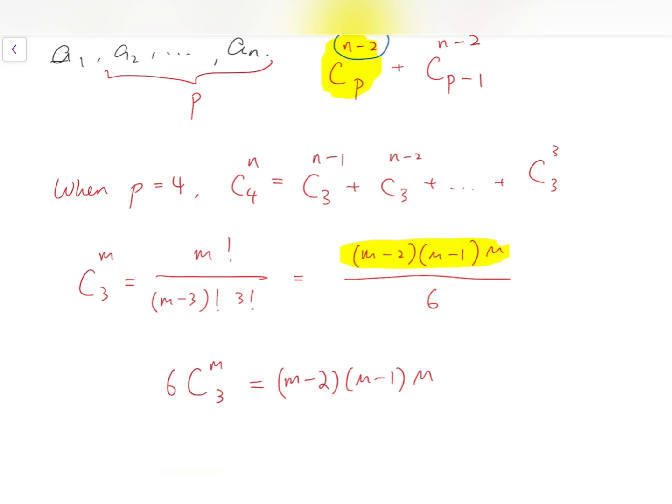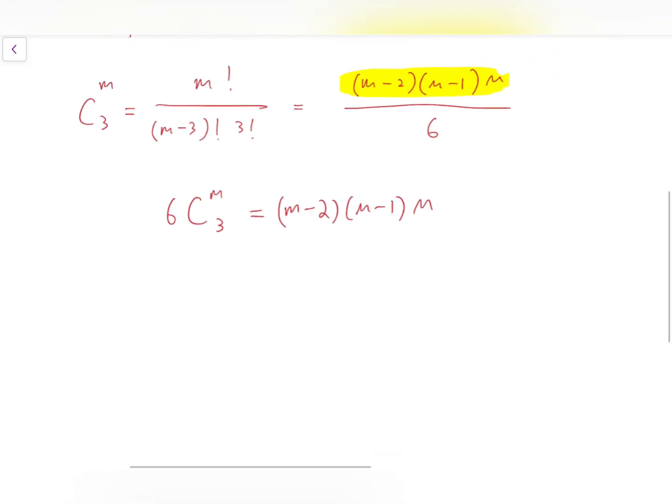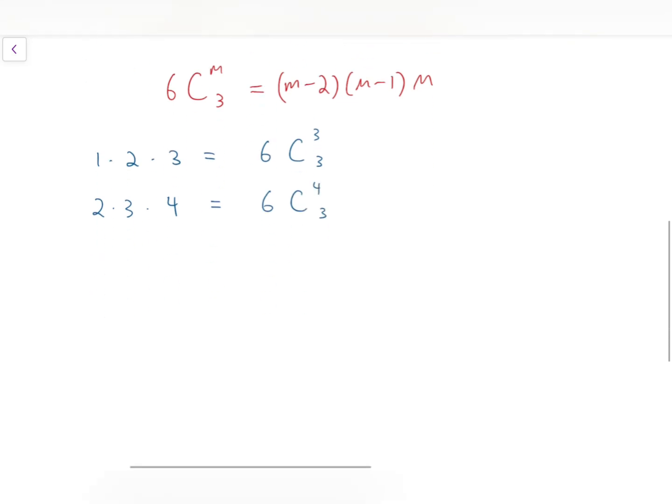Now using this, I can say that our required series, 1 times 2 times 3, is actually equal to 6 times 3 choose 3, and then 2 times 3 times 4 equals 6 times 4 choose 3, and all the way down to 97 times 98 times 99, that equals 6 times 99 choose 3.